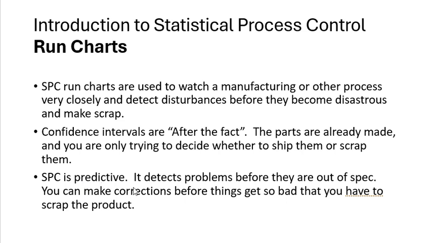SPC is a predictive method that we use because it detects the problems before they're out of spec. Spec means specifications here. I'll write it in short so you can make the corrections, of course, before they go bad. Because if things get so bad in manufacturing or production, you have to scrap that product. That's not good.